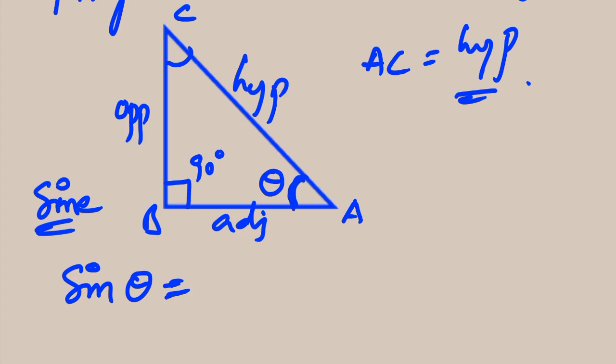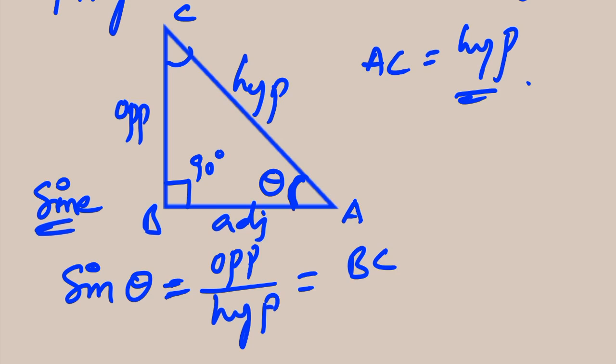Sine is equal to opposite side by hypotenuse. The opposite side of angle A is BC, and the hypotenuse is AC. For this ratio we give the name sine theta, or sine A, which is equal to BC by AC.